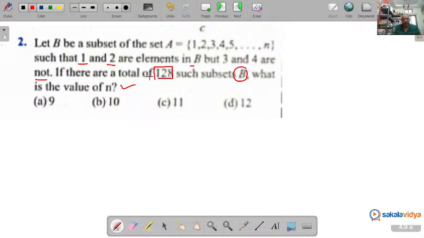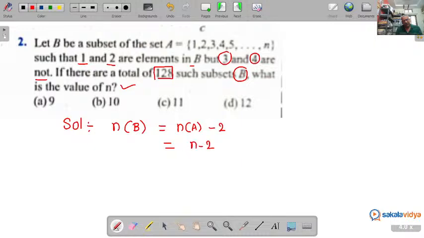Now actually here see, 3 and 4 have been deleted from set A, then it becomes the subset B. So first of all, write down n of B, the number of elements in B, is equal to n of A minus 2. N of A means n, so n minus 2.